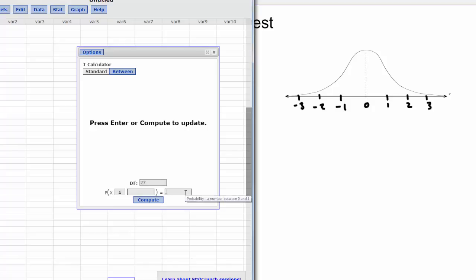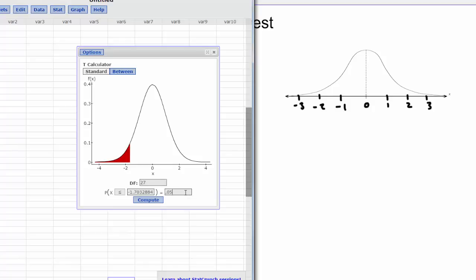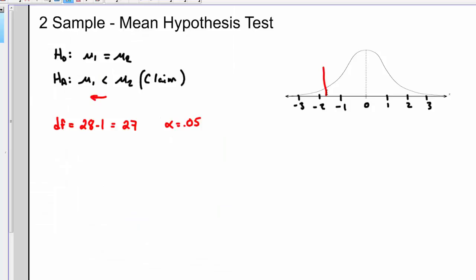Trying to find my critical value for 0.05. And there we go. So negative 1.7 roughly. So that's where my rejection region starts. So if we land over there, we're going to reject.